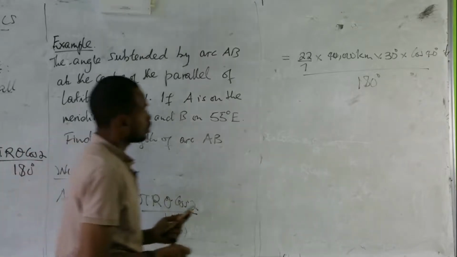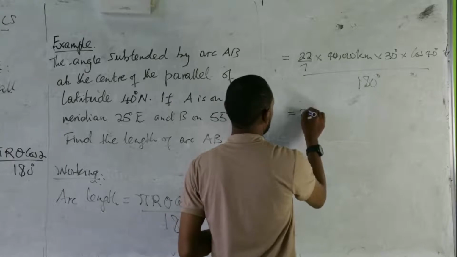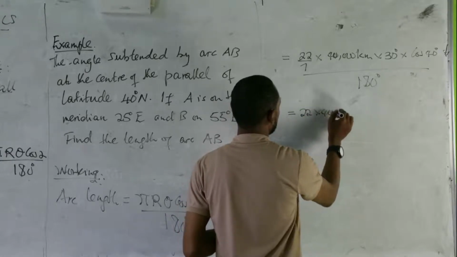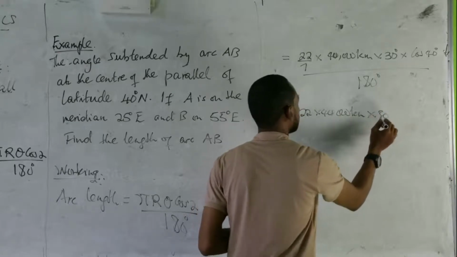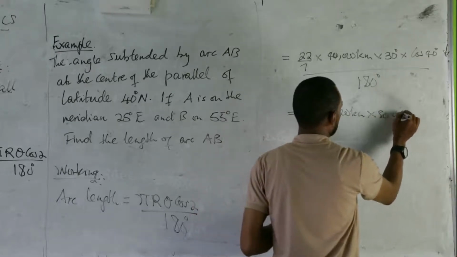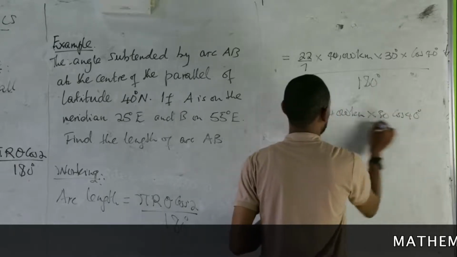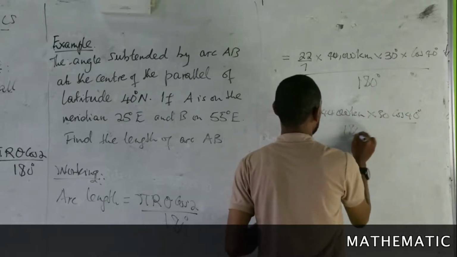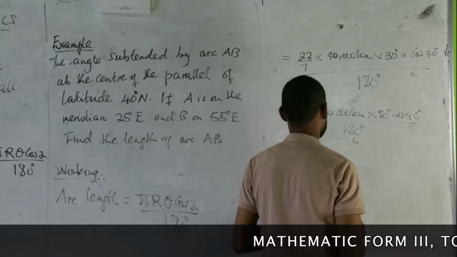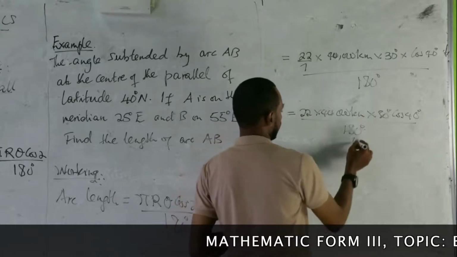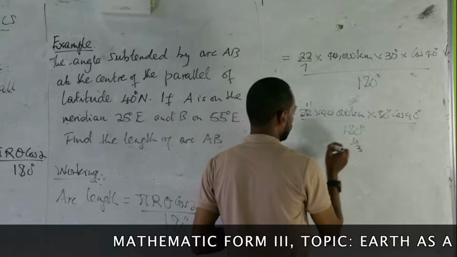So if we multiply and simplify, we have 22 times 40,000 kilometers times 30, then cos of 40 degrees, divided by 180 degrees. Here we can simplify this by 6, and also 11 and 3.